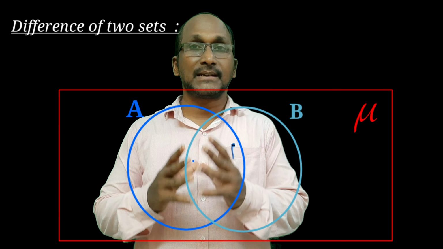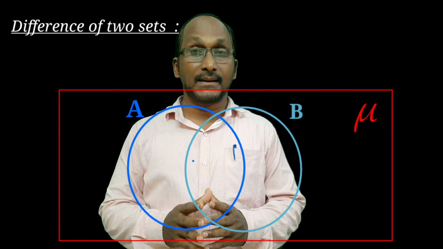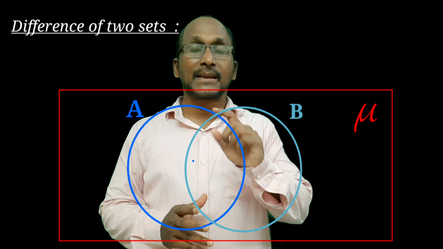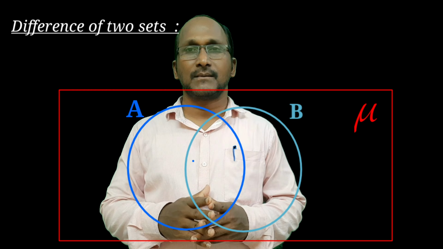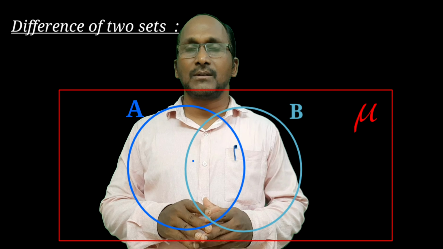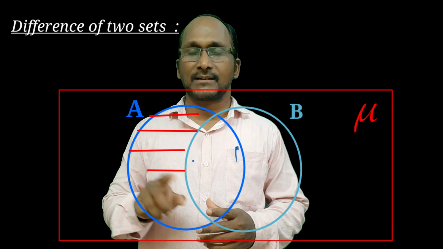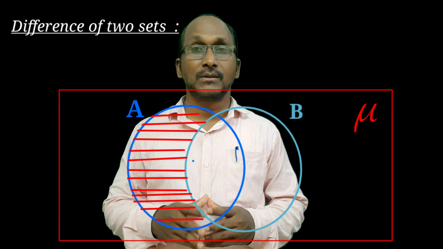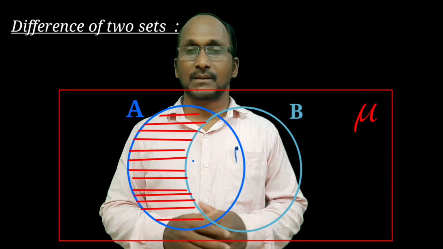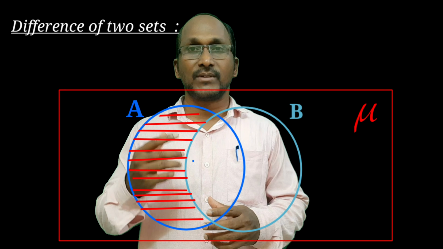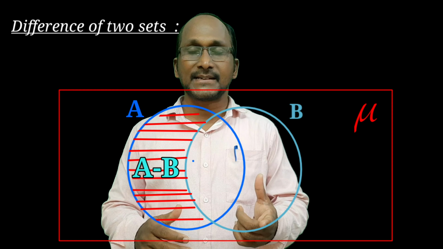For that, first let us neglect the region of the set B and now consider the remaining part of A. What is the remaining part of A? Here, this is the remaining part of A. Now, here let us shade this remaining part of A with horizontal lines, red color horizontal lines. Now, this is the region which belongs to only A but not to B. So, this region will represent the set A minus B.